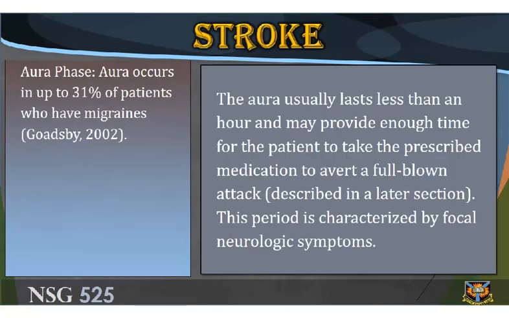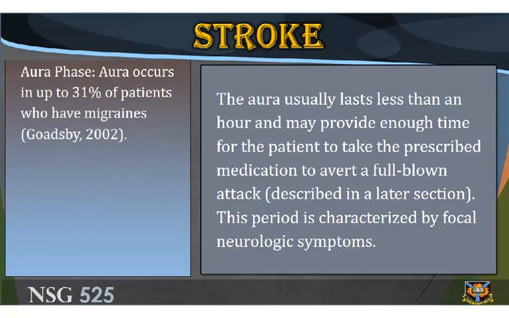Aura phase. Aura occurs in up to 31% of patients who have migraines. The aura usually lasts less than an hour, and may provide enough time for the patient to take the prescribed medication to avert a full-blown attack, described in a later section. This period is characterized by focal neurologic symptoms.